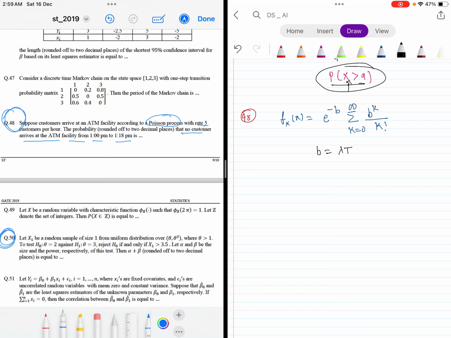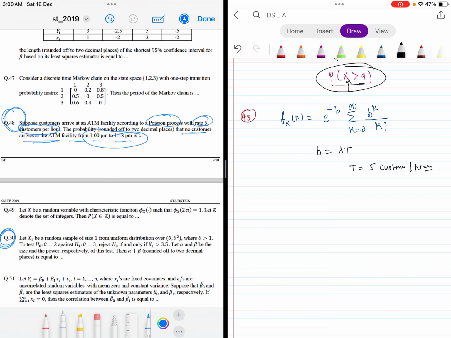Here lambda is the rate, 5 customers per hour, and t is the time interval we are looking at.